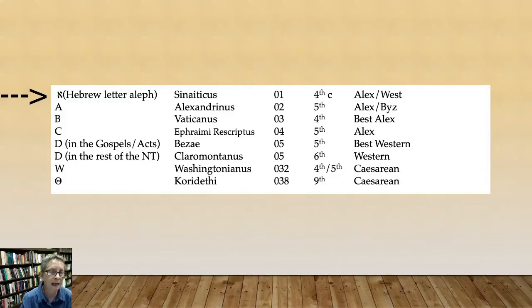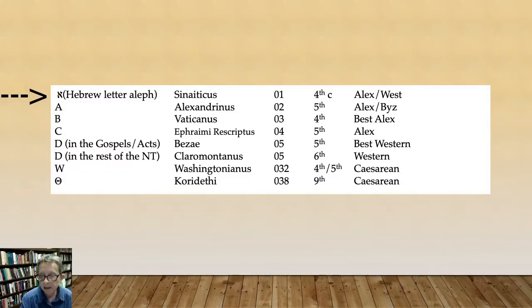Yeah, Claromontanus is at Claremont in California. Or, and Washingtonianus is in Washington, D.C. Or they're named for the person who found them or made them famous. Beza, for example, is named for Theodore Beza, who was the person who discovered and published that manuscript.